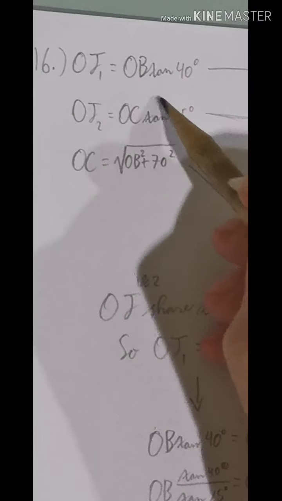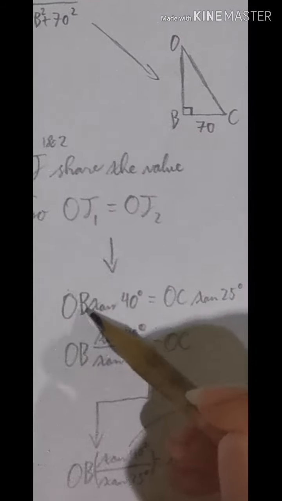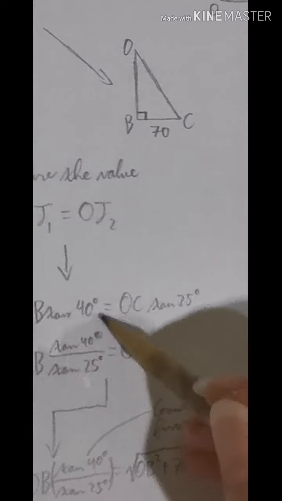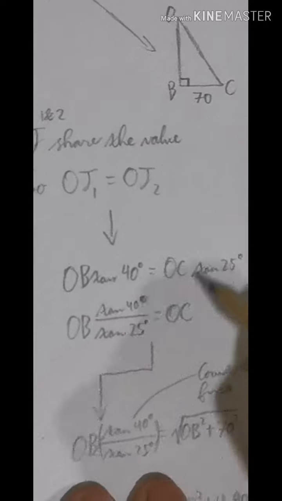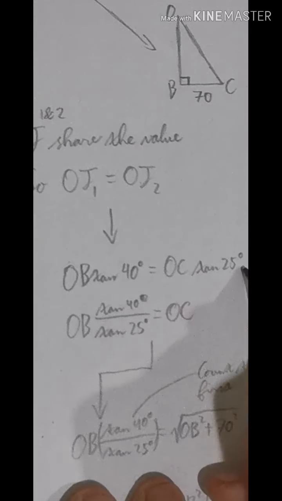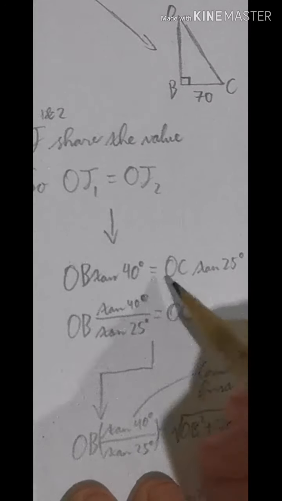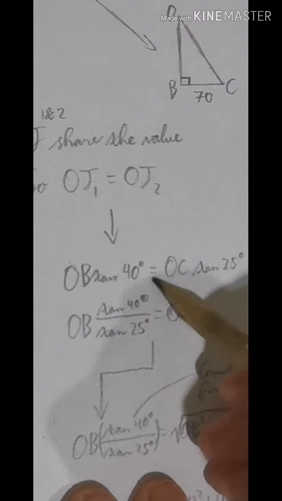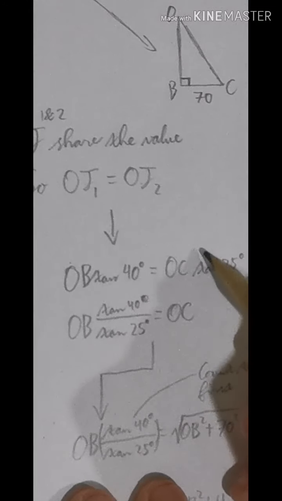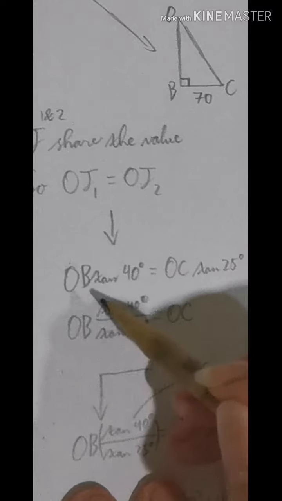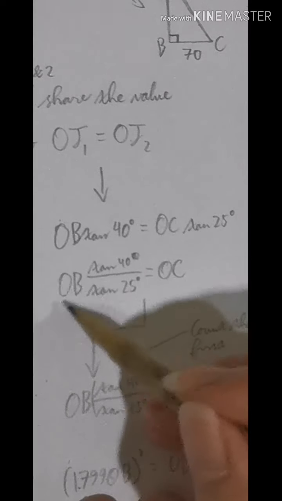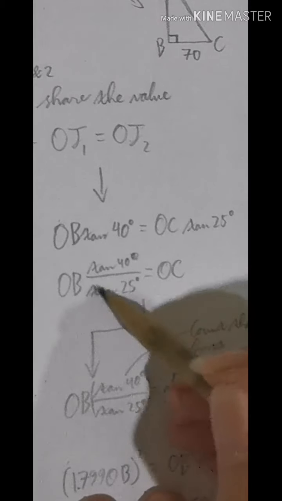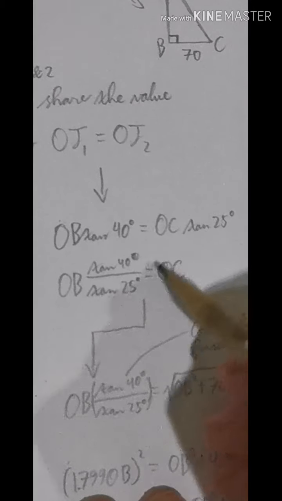OB multiplied by the tangent of 40 is equal to OC times the tangent of 25 degrees. And we move tangent 25 degrees over there because the relationship between these two is multiplication. If you want to move it under there, it becomes division. So you can say that it becomes OB multiplied by tangent 40 divided by tangent 25 equals OC.